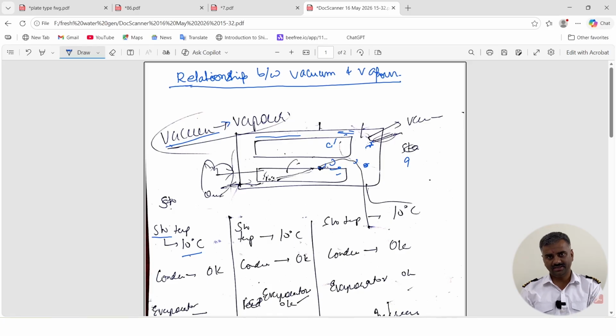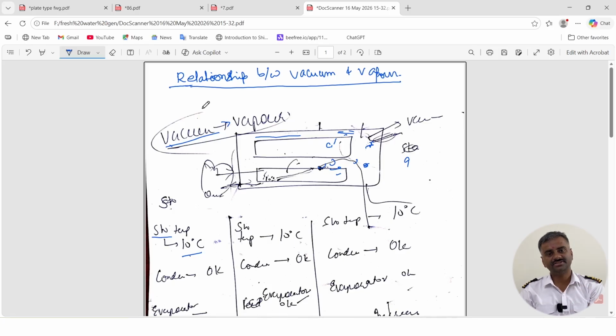The main advantage you get is in the condenser, because the colder the seawater, the faster the cooling rate becomes. So as the steam comes, it goes inside the condenser plate, it condenses, and the distillate pump will pump out the water.